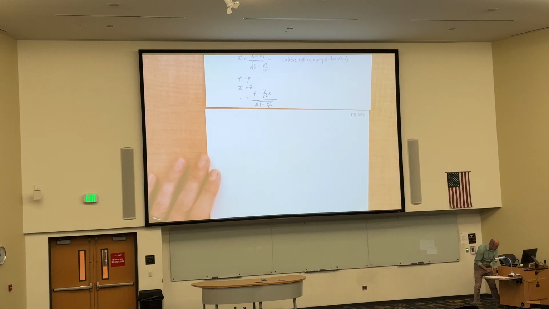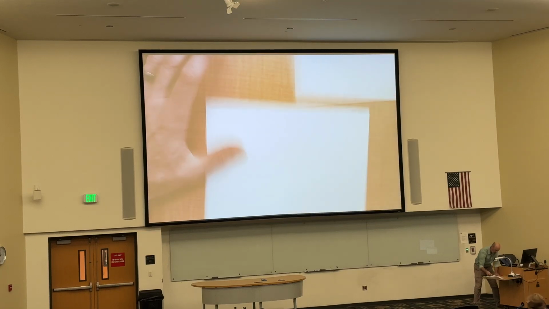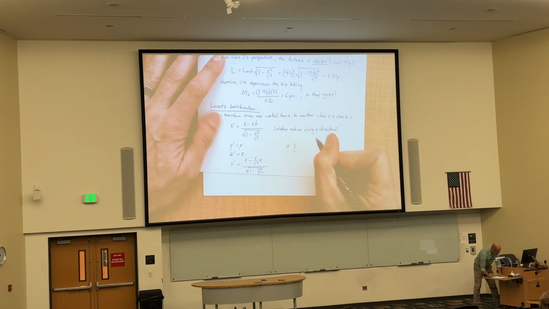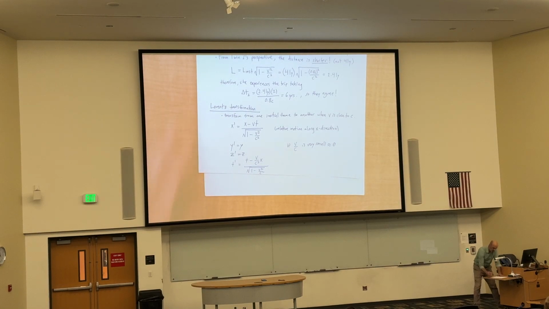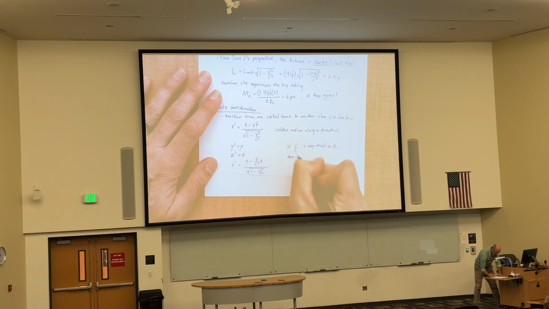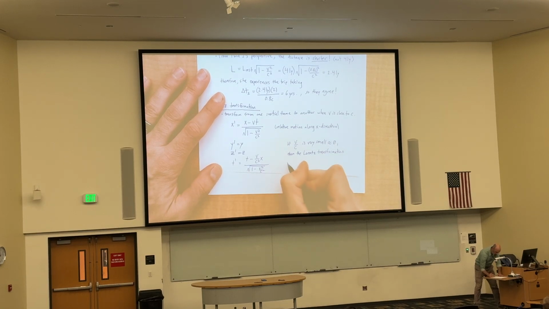So let me write down, before we get to the next page, I'm sorry. If v over c is very small, as it is for us in day-to-day life, or essentially equal to 0, then the Lorentz transformation reduces to the Galilean transformation.